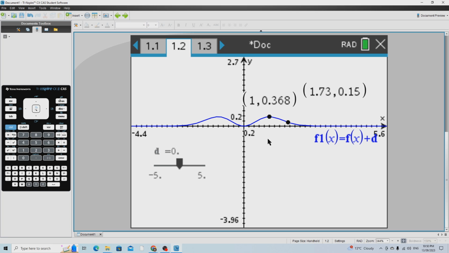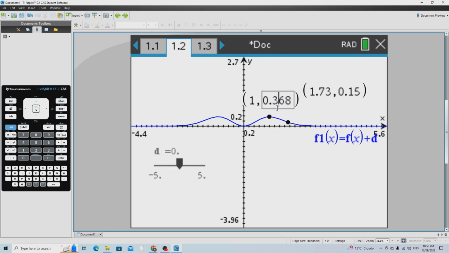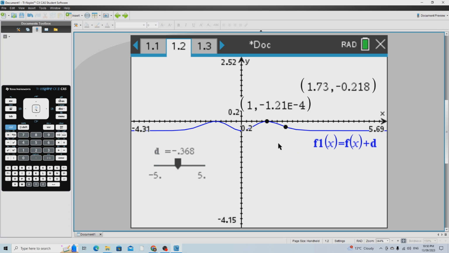So it's touching zero, but we want it to always be negative, so we want d to be less than that value. For example, let's copy this value and put a negative in front of it. What can we see? It goes below the x-axis, and that's what we want.